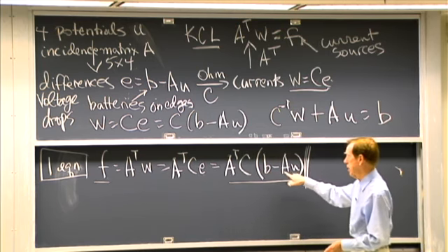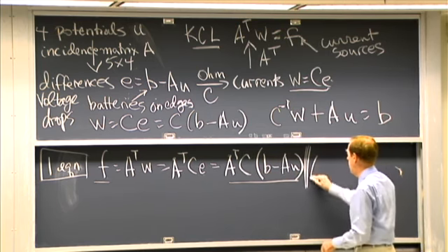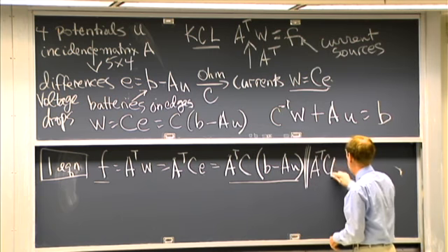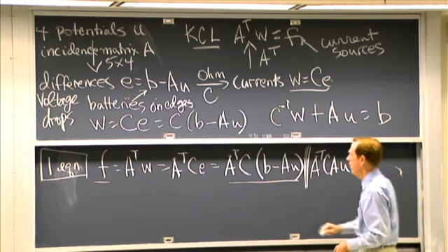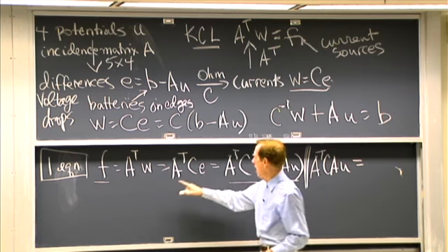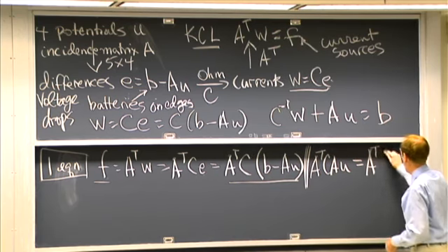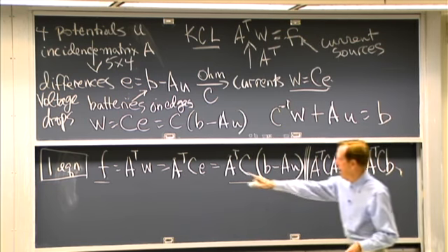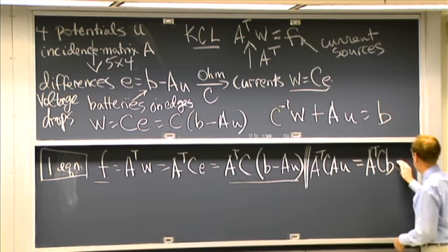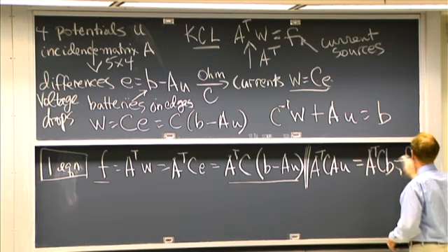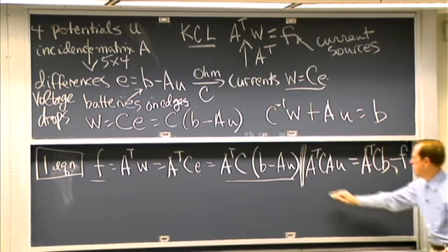That's A transpose CA, the big thing that I wanted to see. I'll put it on the left side. And what will I have on the right side? I'll have A transpose CB. And F is now coming over to the other side with a minus F. That's the big equation.